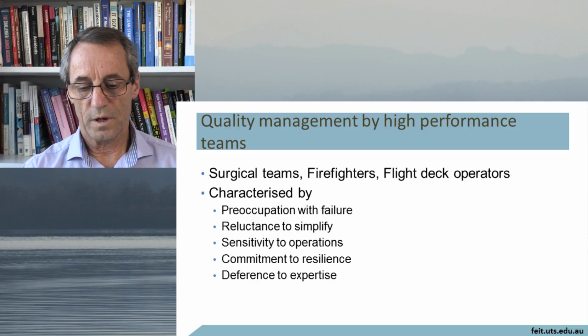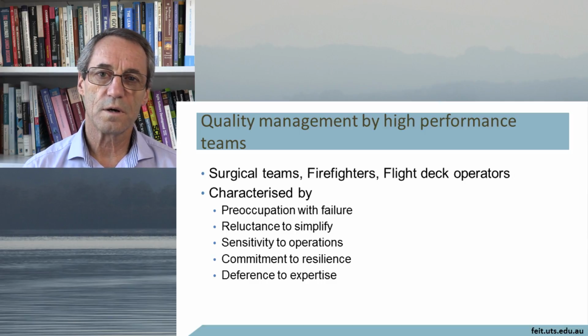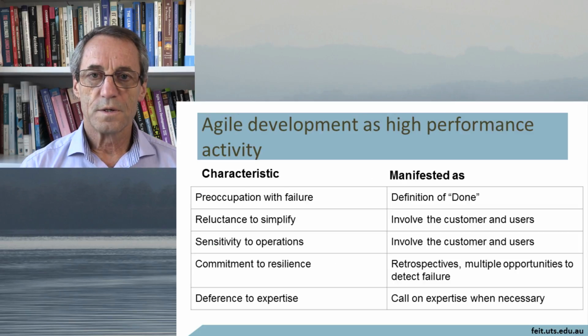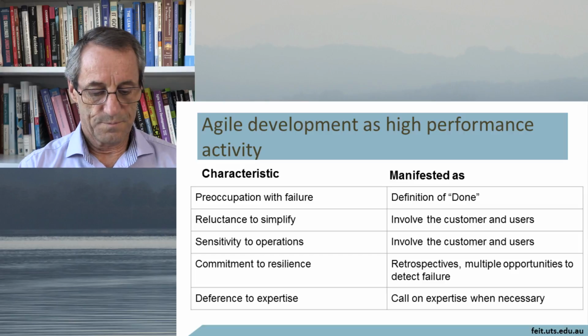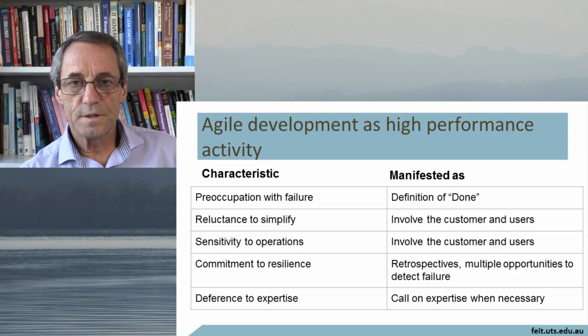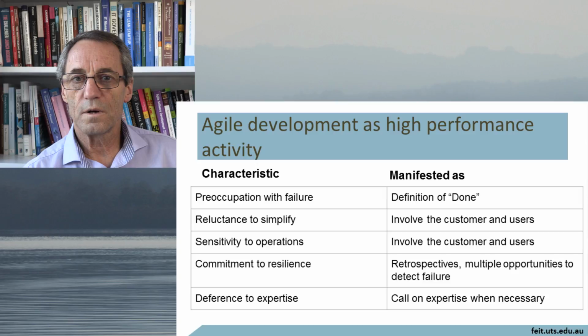So let's have a look at agile software development as a high reliability or high performance activity. So we'll go through the characteristics. A preoccupation with failure. In agile software development, there's the increasing use of the definition of done.